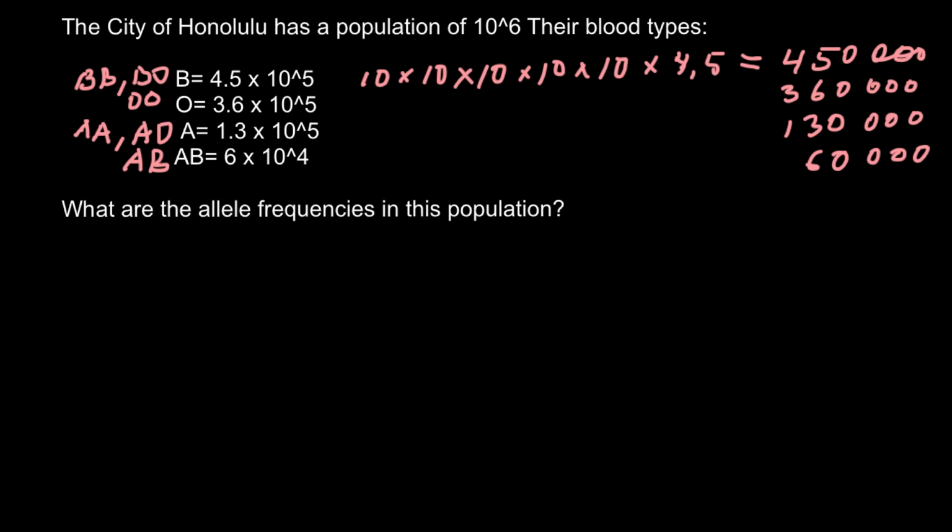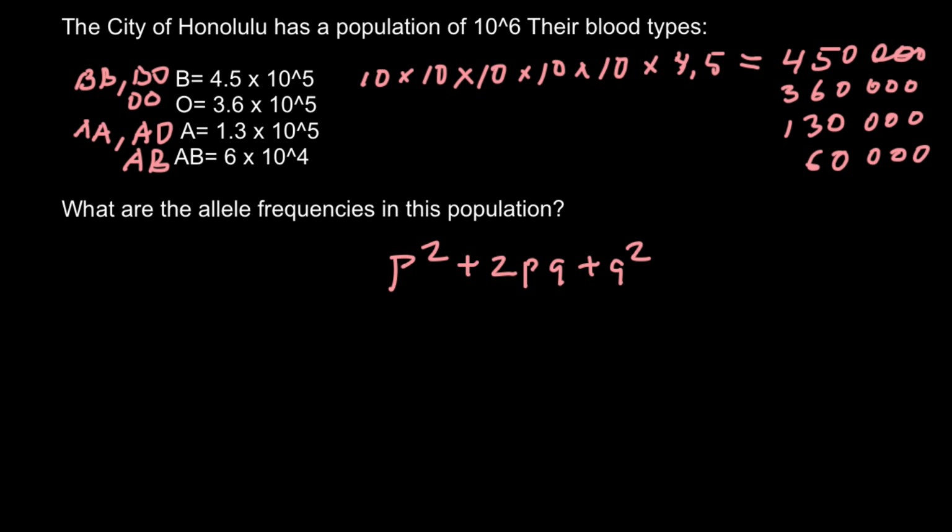Before I explain how we are going to solve this problem, I have to tell you that in order to solve it we have to use the Hardy-Weinberg equation, and you know that this is p squared plus 2pq plus q squared.